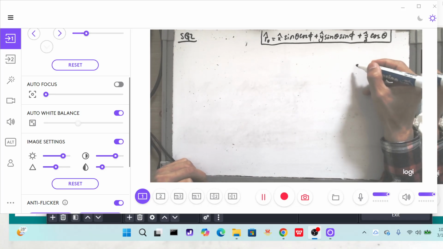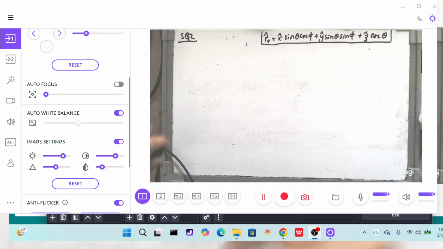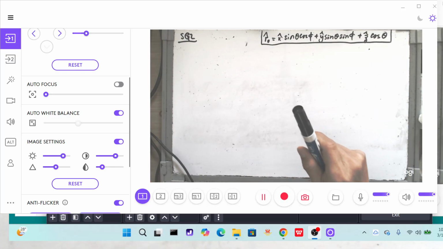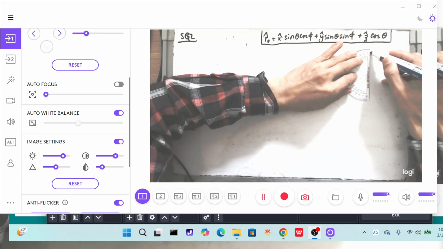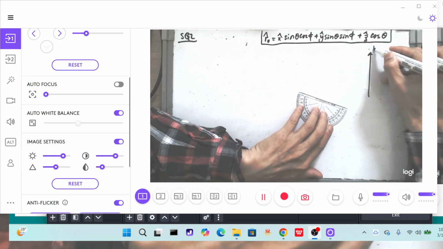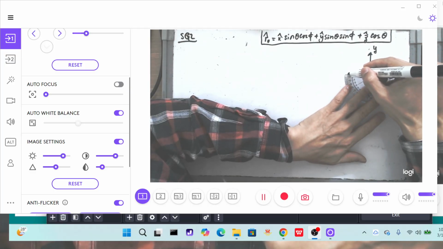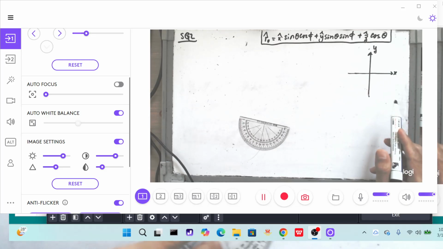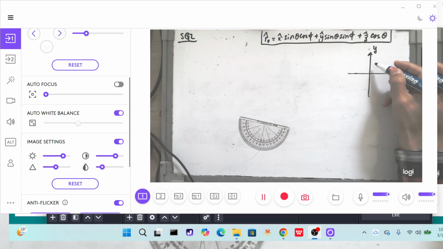So let's take a look in the coordinate. We have y, x. So we are now looking at the two-dimensional plane x, y, and the angle of theta is not known.